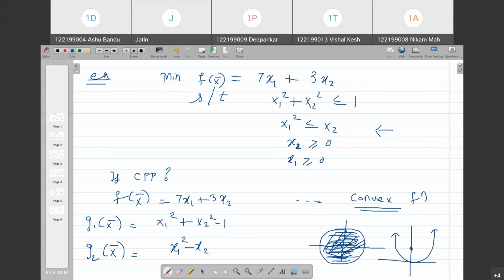Yes, sir, it will. So 0, 1, because 0 square is obviously less equal 1, so it is the interior of the parabola.